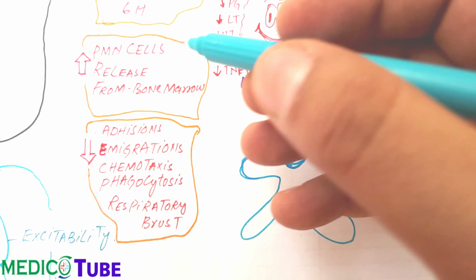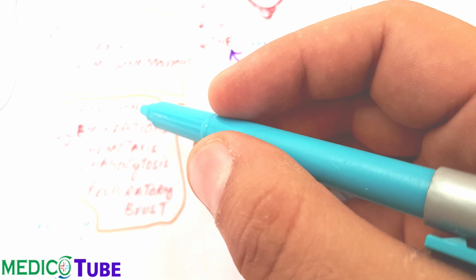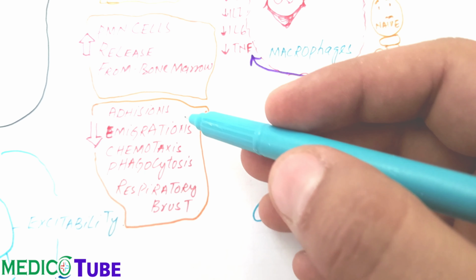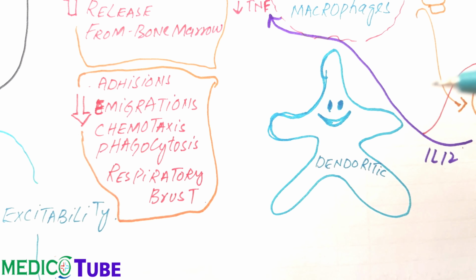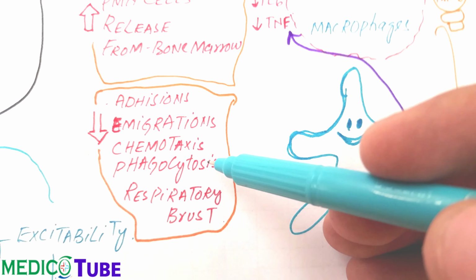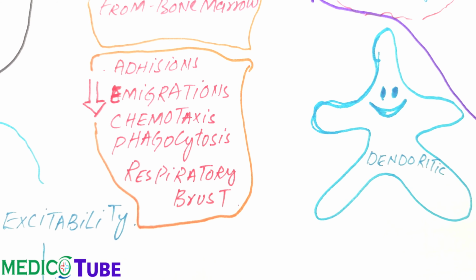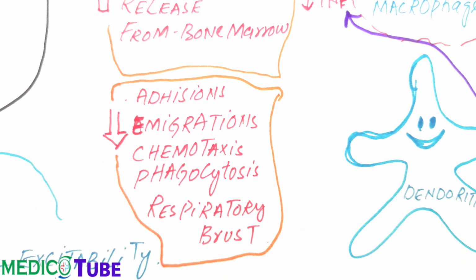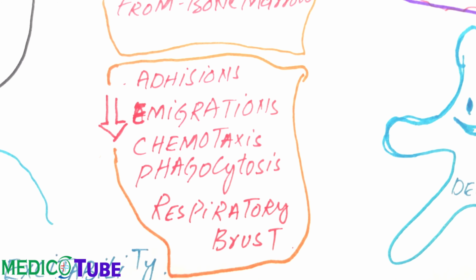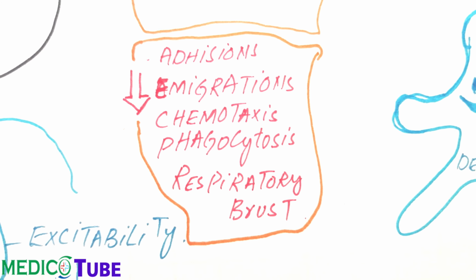The adhesions. Steroids reduce the adhesions to the vascular walls. They decrease the migration. They decrease the chemotaxis. They decrease phagocytosis. Phagocytosis is the process when an immune cell engulfs any pathogen or dead cells.